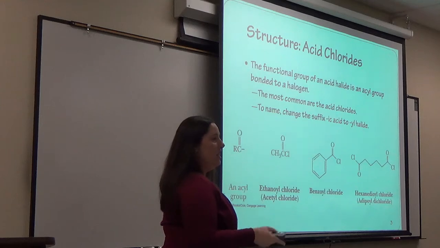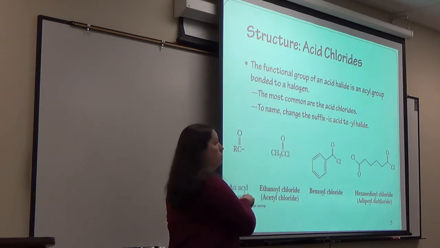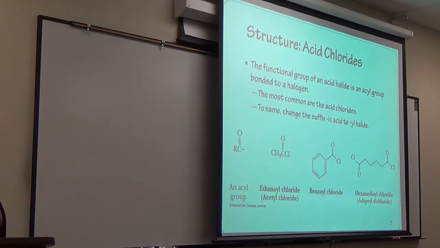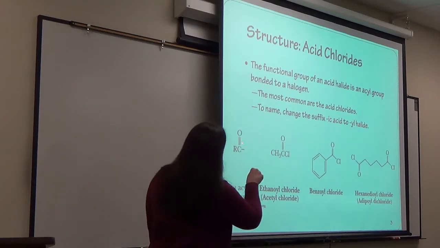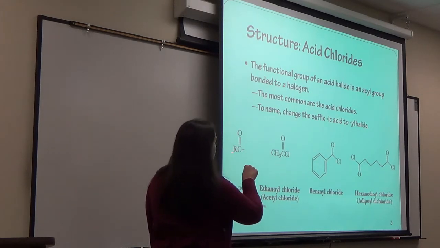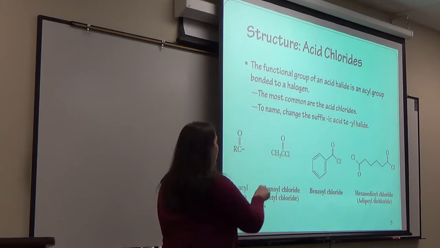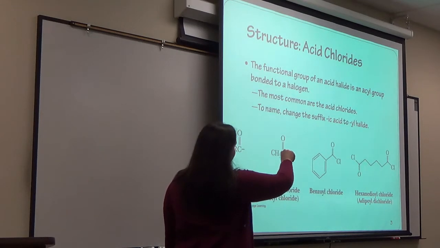So you might see these as acylation reactions because it comes from the acyl group being involved. So just a good definition to know. The acyl group has an R attached to the carbonyl. And so the acid chloride is an acyl group and then a Cl attached to that.